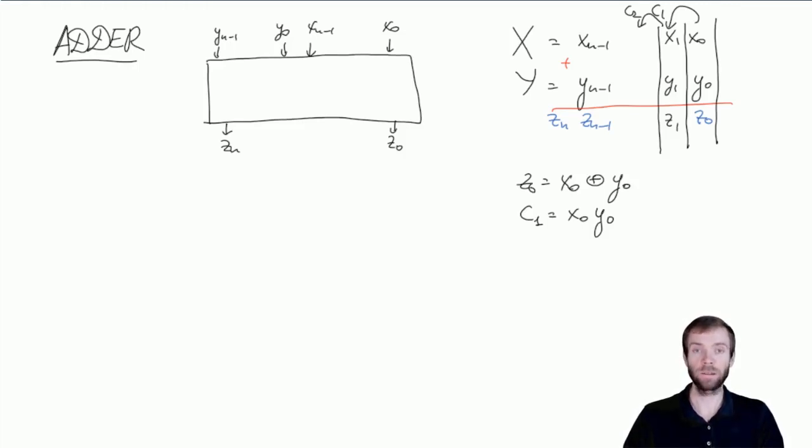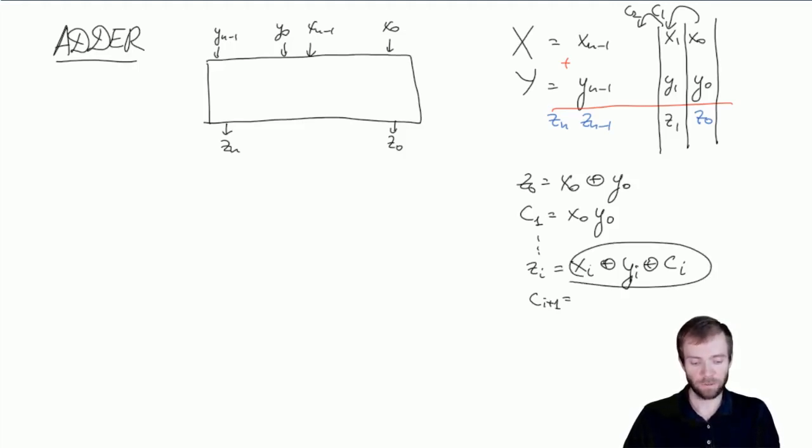Now, as soon as we look to the left in this scheme, we see that for all larger indices i, zi would be the result of XOR of xi, yi, and the carry bit which came into that position, and the carry bit into the next position, ci+1, would be equal to 1 only if out of these three bits there are at least two ones.